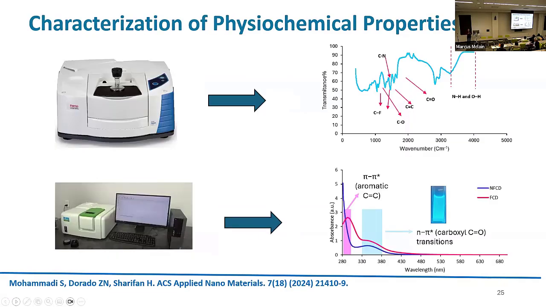And the last image is the UV spectra of the carbon dots, and we have two bands, one for the pi to pi star transition for carbon double bond carbon, and the second one around 330 nanometers for the n to pi star transition of nitrogen non-bonding electrons.